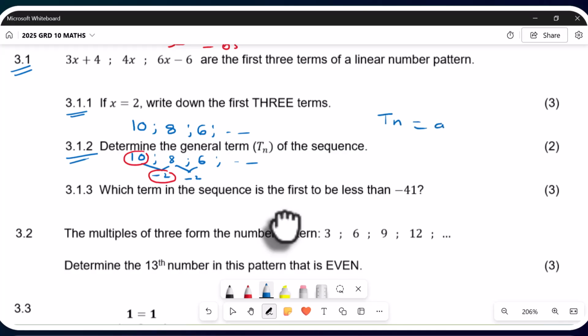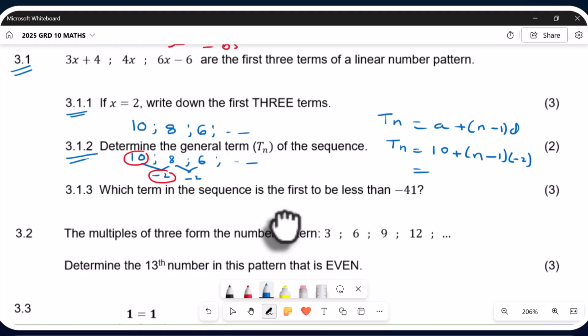Okay, so now, welcome back once again in our section. This is question 3.2. It says the multiples of 3, negative 2 and positive 2.